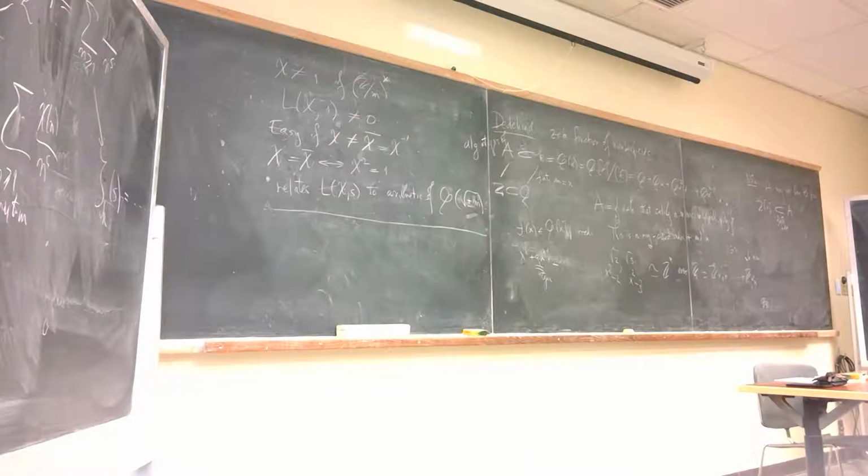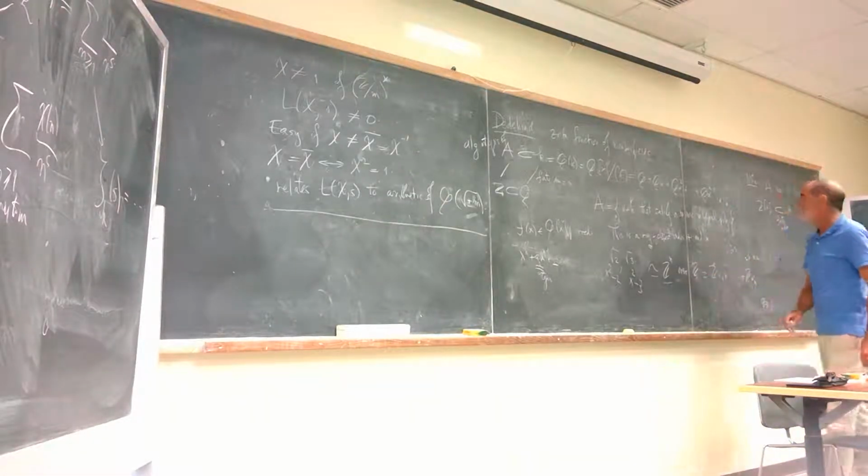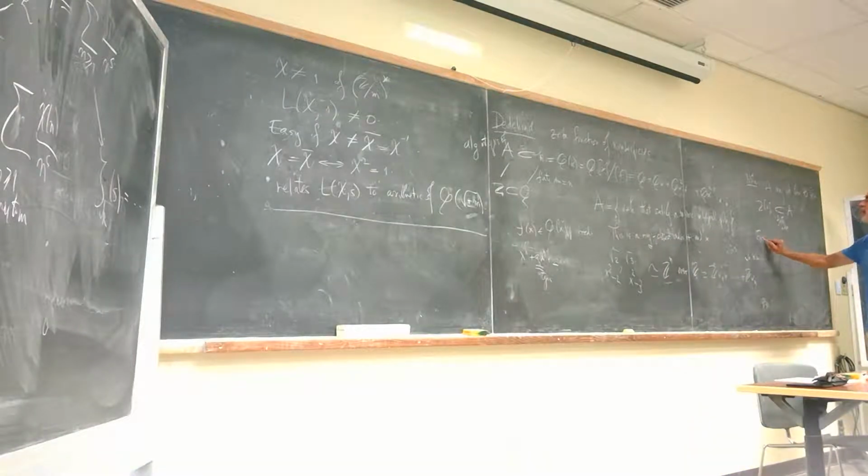good. Now, it follows, once you know that A has this structure over the integers, that every ideal I, which is not equal to 0 in A, has finite index.